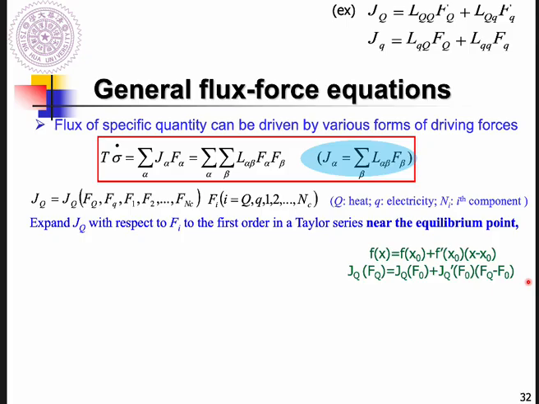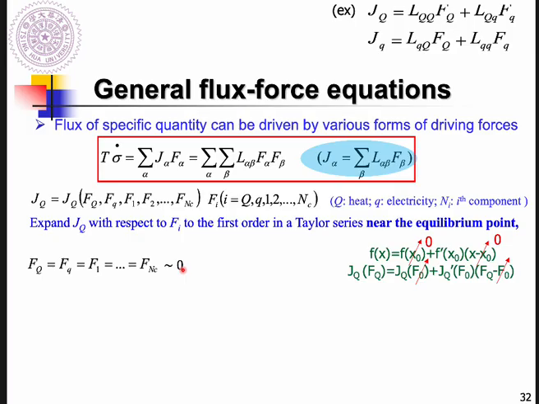In order to simplify these results, we assume that near the equilibrium point, all the driving forces are very, very small, close to zero. Under this situation, this will be zero, this will be zero, F0 is zero, so this is zero as well.